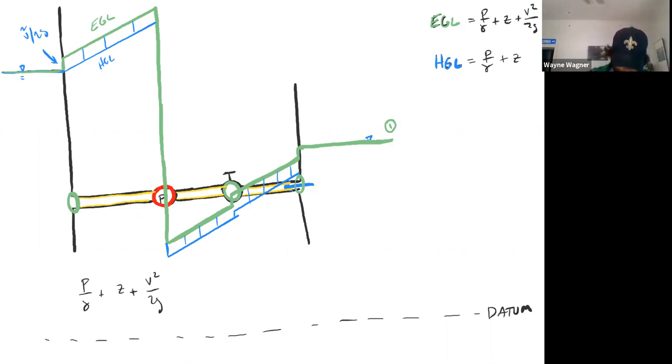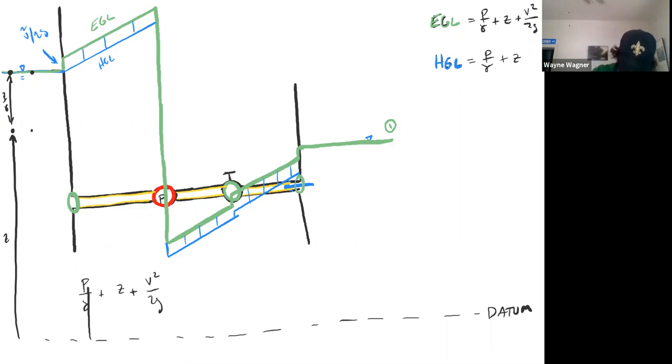Obviously, over in the reservoir, it depends on where the point is that you're looking at: what's the pressure, what's the Z? If this is our point, this is the Z, and this is the P on gamma, the pressure head. So that's if we're over there. But really what we're concerned about is in this pipe.